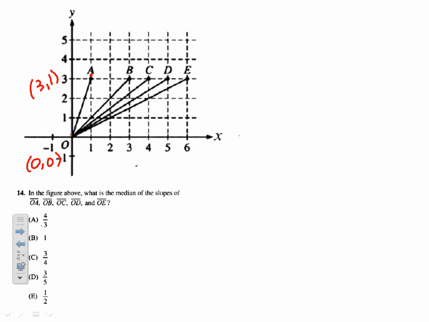For OA, the slope will be 3 over 1, which will just give us 3. For line OB, the slope will be 3 over 3, which will just be 1. For line OC, the slope will be 3 over 4.